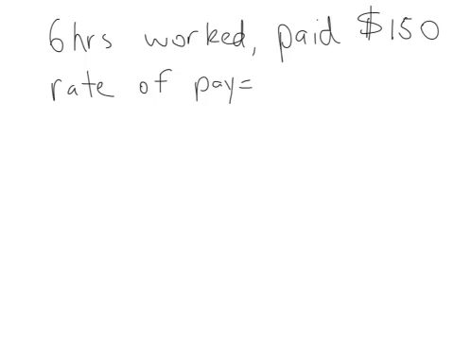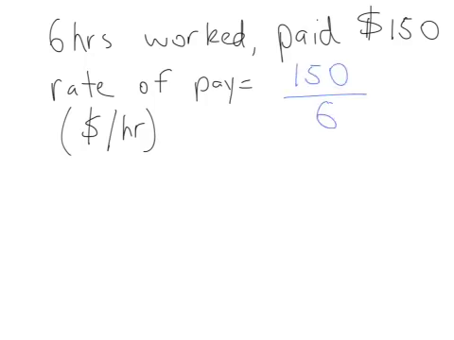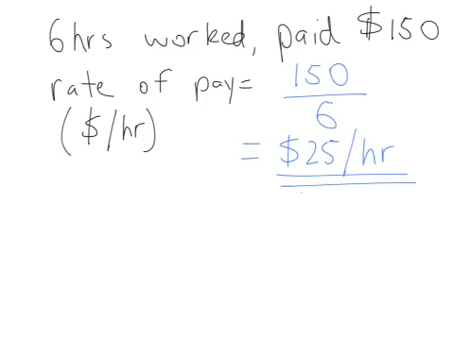But what I do need to work out is how many dollars I'm being paid per hour. So you'll notice that our dollars is on top of the fraction and our hours is on the bottom. So let's write that again here. We're going to have 150 over 6. Well, what's 150 divided by 6? We can put that in our calculator and we get $25 per hour. So that means I'm being paid $25 per hour.